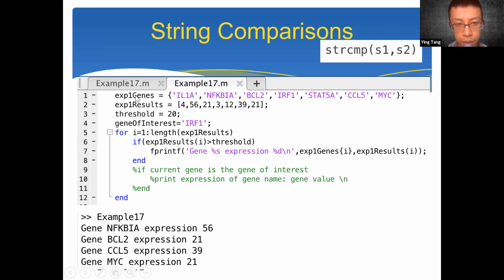Once you compare the gene list element with this gene of interest, if there is one match, then print out its expression value. Just recall that all the other code written here is our homework from yesterday. Additionally, we want to have code comparing the gene names and finding the gene of interest. Please open example 17 and take 3 minutes to do this.